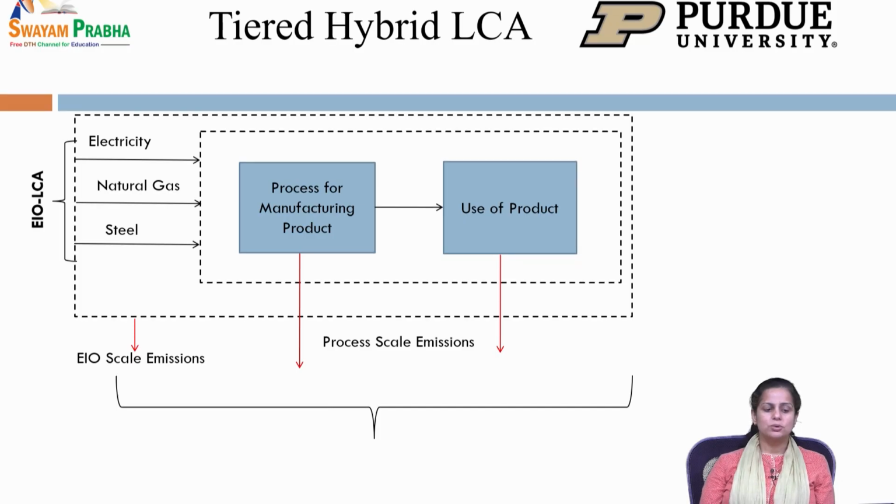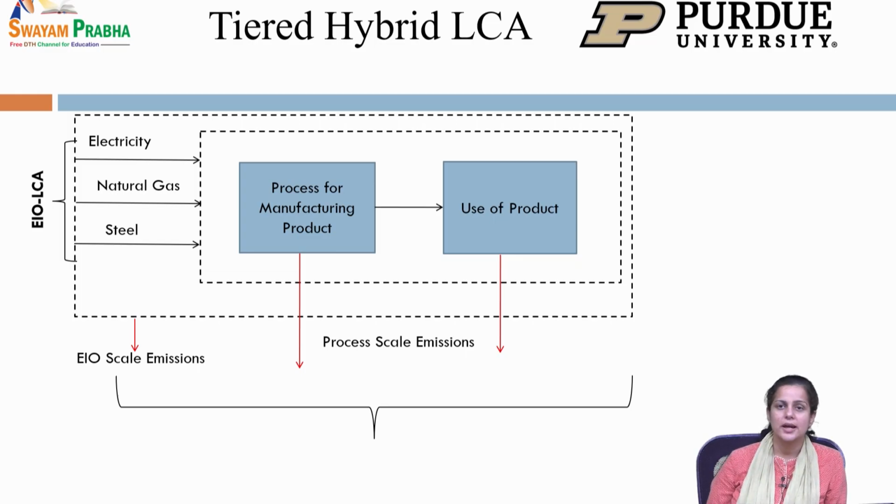So, what we will do is we will use the input output model to look at how much emissions is required for generation of that much electricity, steel and natural gas, which is the input to our process, and then we calculate the total EIO scale emission.